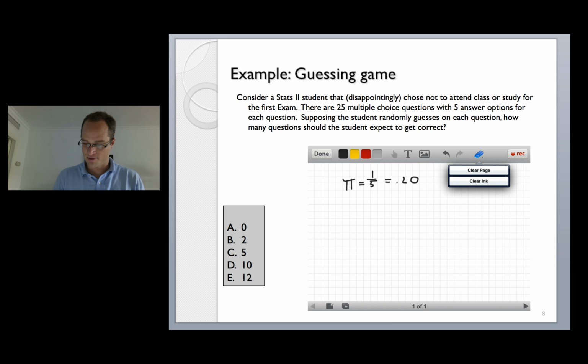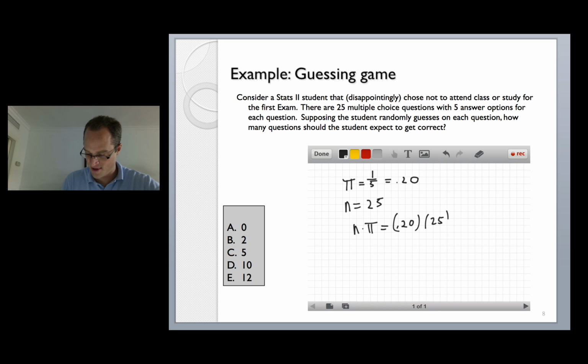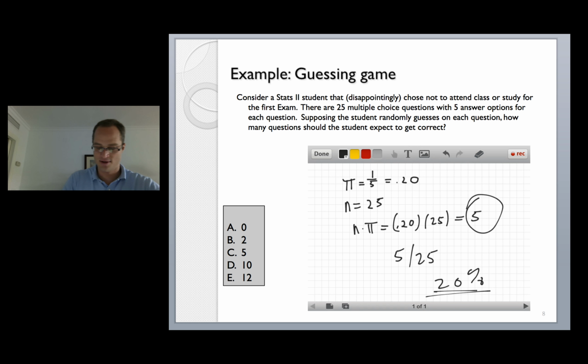So that's the population probability of getting an answer correct, the parameter value pi. Of course, there are 25 questions, and so n times pi, which is the expected value, is 0.2 times 25, and so that student should expect to get 5 correct. So 5 out of 25. Of course, that's 20% in terms of grade, but the answer that we're looking for, re-highlighted in blue, is 5.